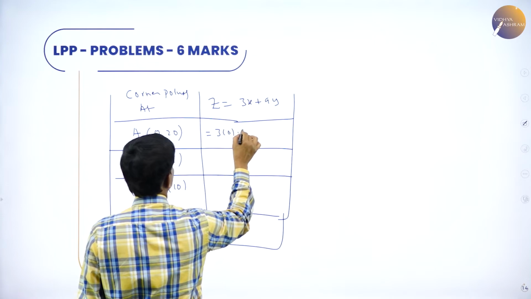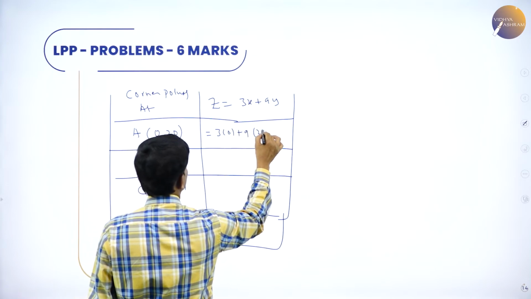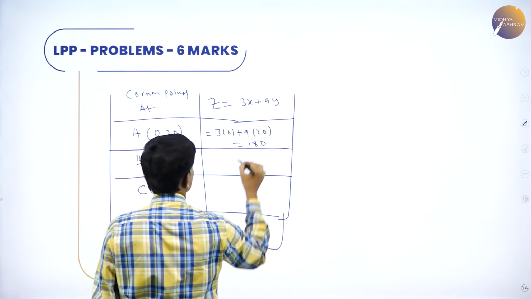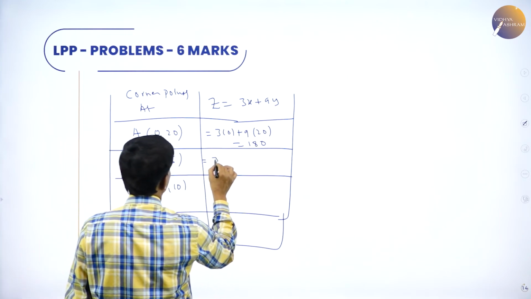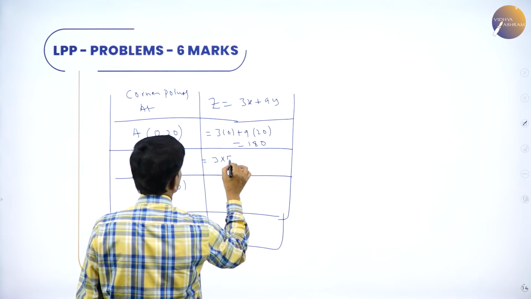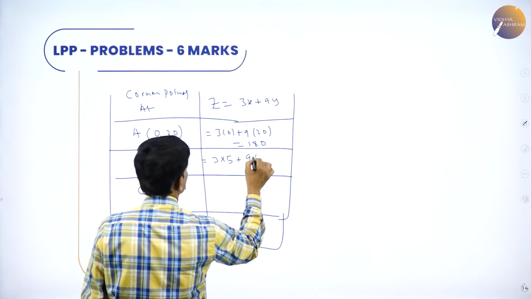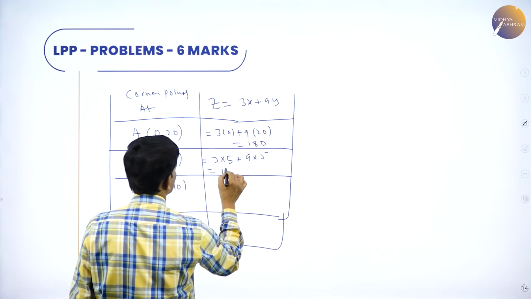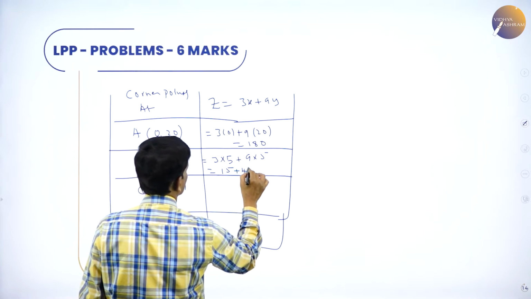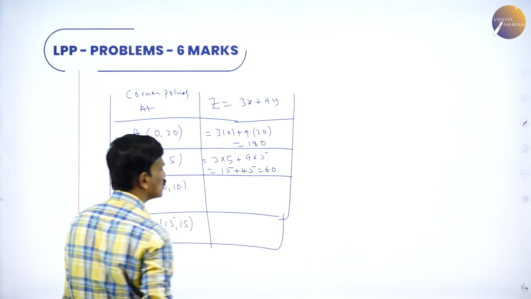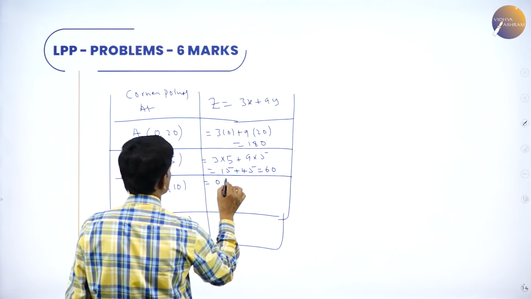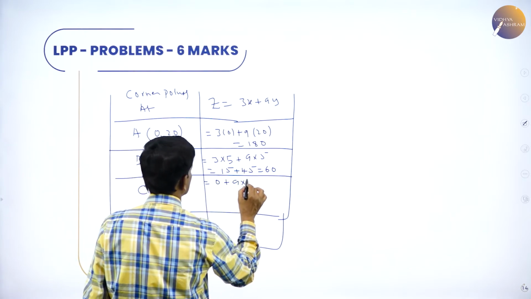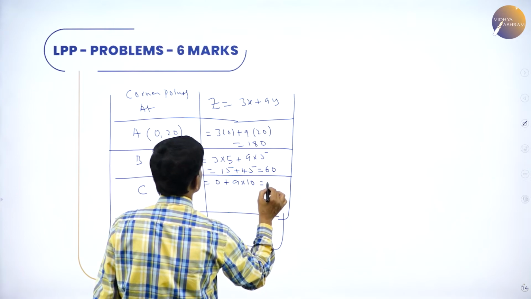Z is equal to 3 into 0 plus 9 into 20. This is 180. And this is 3 into 5 plus 9 into 5, which is equal to 15 plus 45. This is 60. Now at C, 0 plus 9 into 10, that is 90.